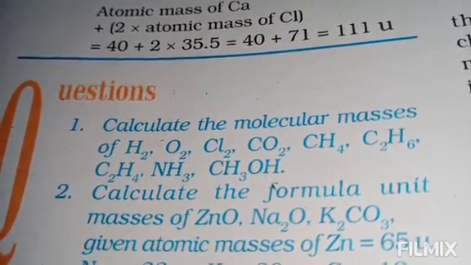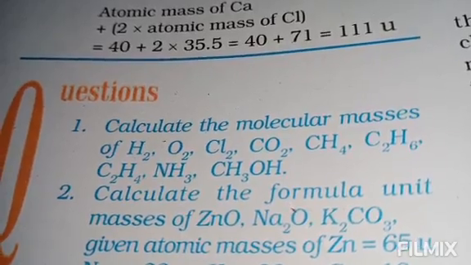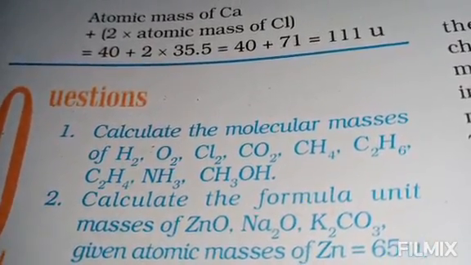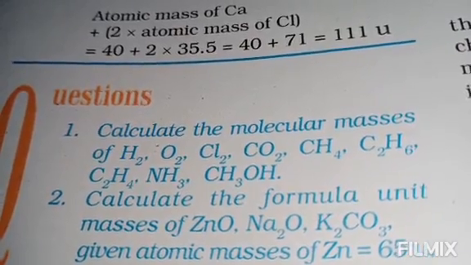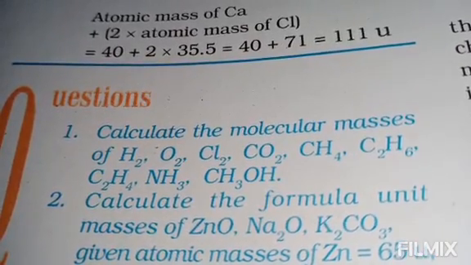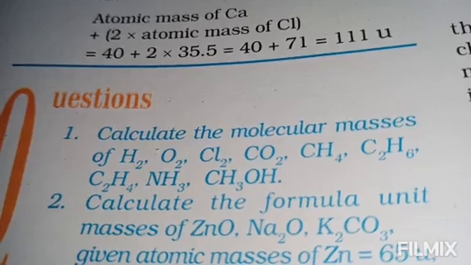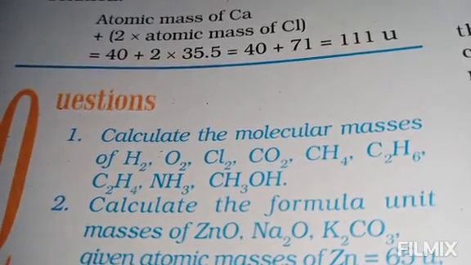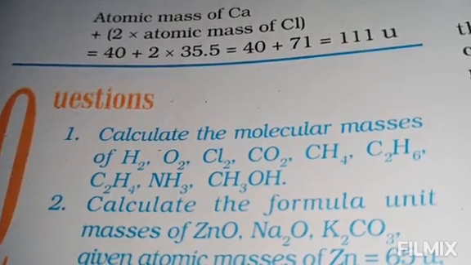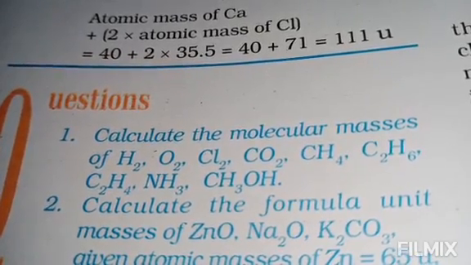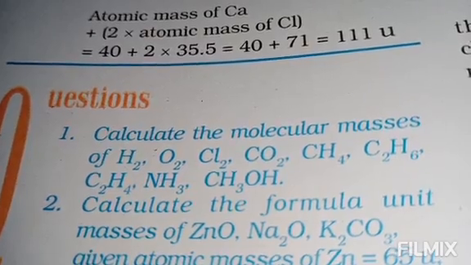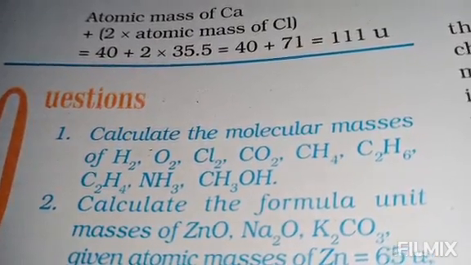For chlorine, 35.5 into 2, then we will get 71. For carbon dioxide, carbon has atomic mass 12 plus oxygen 16 into 2, which is 32, so 32 plus 12 is 44. Like this, for CH4, 12 plus 4 into 1, so altogether you will get 16. The remaining you can do yourself.